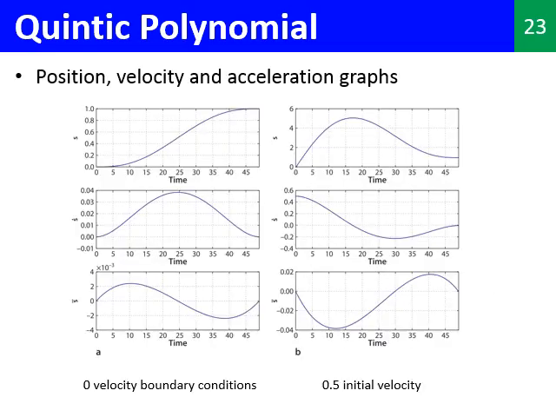If we look at the graphs for joint angle, joint velocity, and joint acceleration, we see smooth curves for all three variables. On the left hand side we have zero velocity boundary conditions, that is we start with zero velocity and end at zero velocity. And on the right hand side we have 0.5 initial velocity.